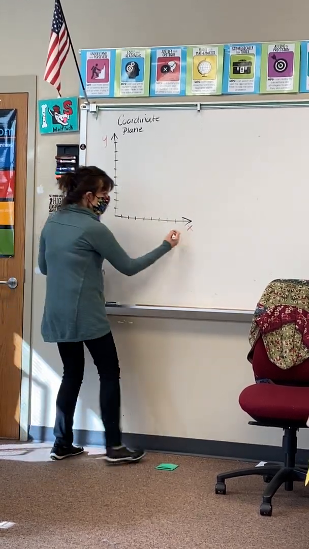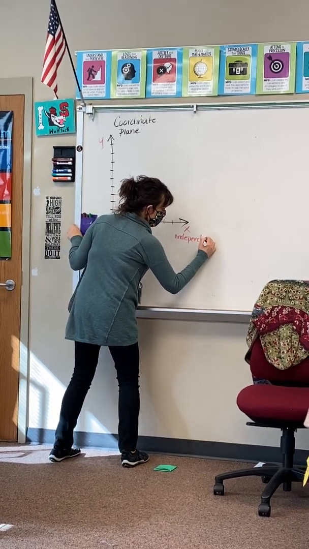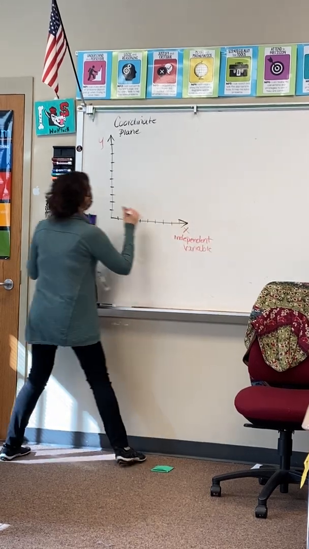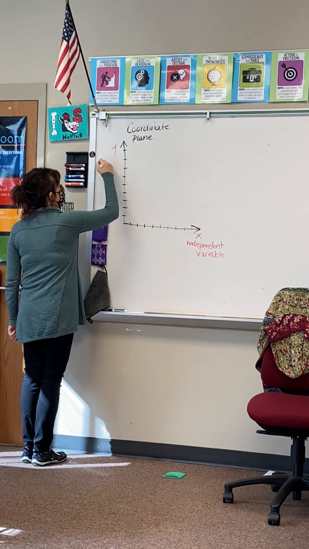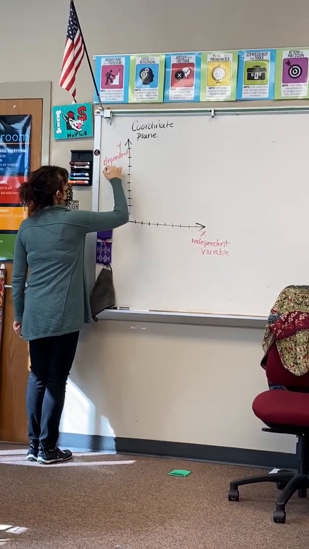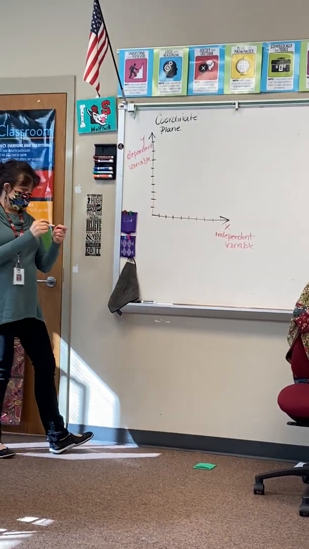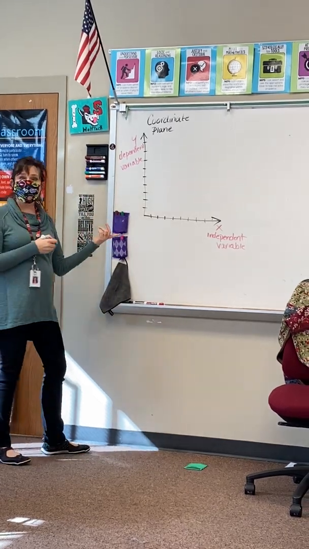But still, this is your independent variable, okay? And this is y, or the vertical axis, your dependent variable, okay? Just as you learned last year, you can plot points on the coordinate plane.